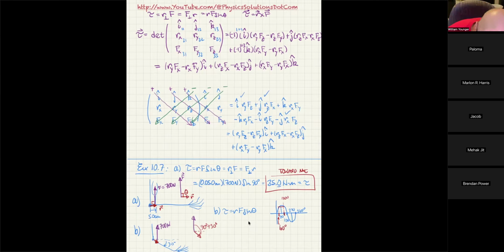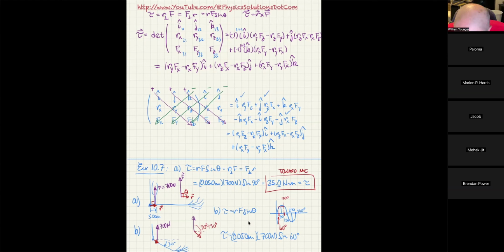So we can go ahead and say that in this case, torque is equal to 0.050 meters times 700 newtons times the sine specifically of 60 degrees. We could use a sine of 120, that would work as well, but I was just showing you because your book ended up using 60.